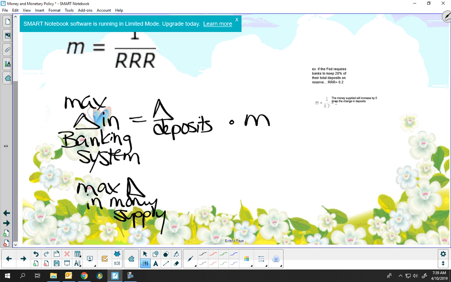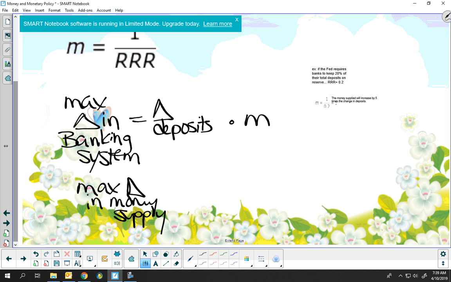If you deposit $100, do they loan out all $100? Why not? Or whatever the RR is. It could be 20%, it could be 10, it could be 15. But they have to keep a fraction of deposits in the bank at all times. That's the required reserves.